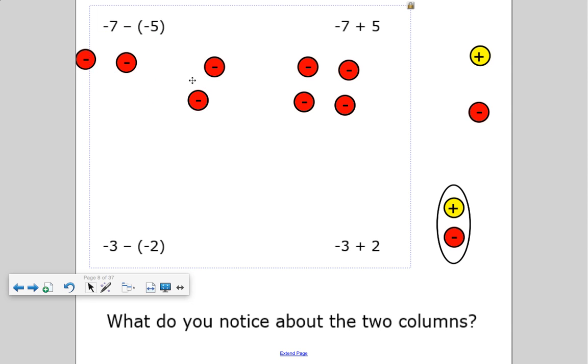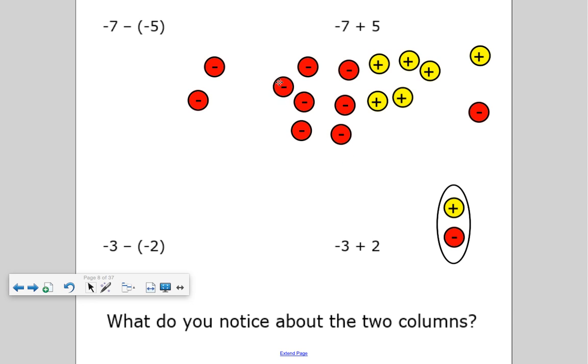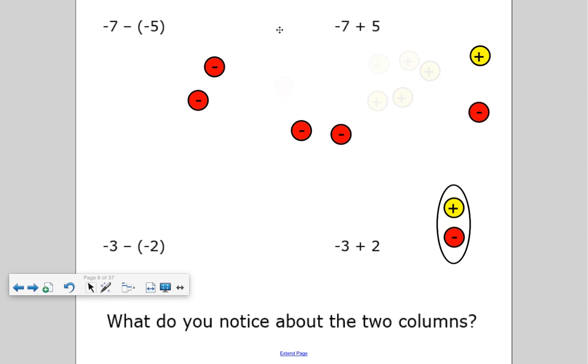I have 7 negatives, and I have 5 positives. 1, 2, 3, 4, and 5. What happens when you put these 5 negatives with these 5 positives? They become 0 pairs. So it also is negative 2.